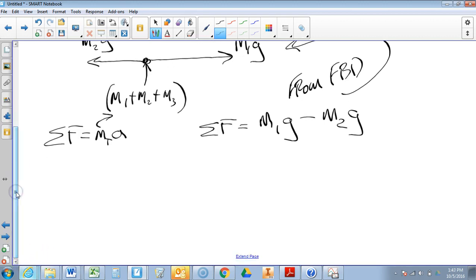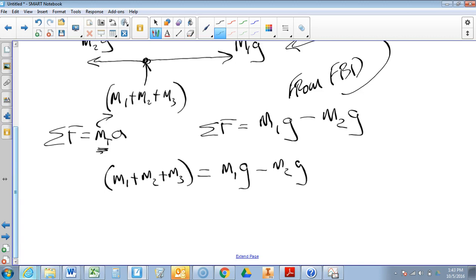So, setting those two equal to each other and replacing total mass with all that, I have M1 plus M2 plus M3 equals M1G minus M2G.